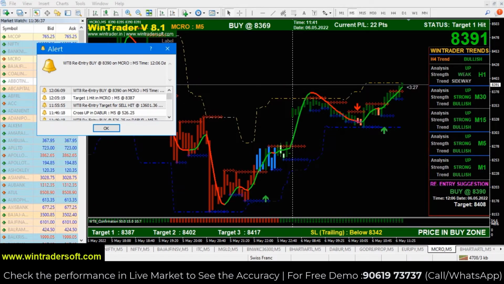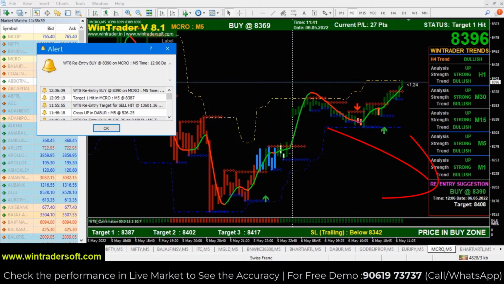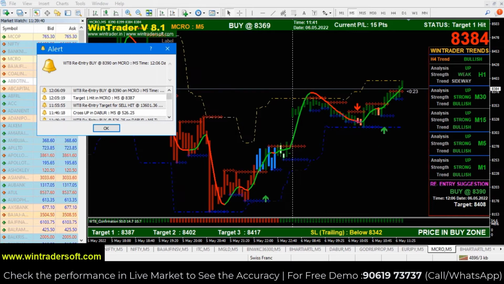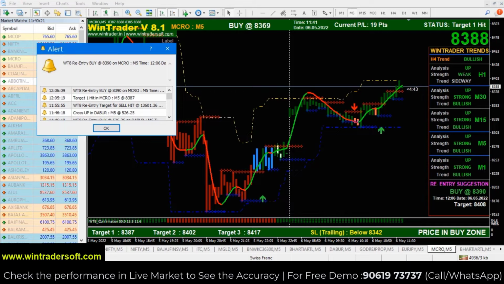And in between you can see we got a re-entry also: at 8,390 we got a buy signal, and the exit point is 8,408. As per the direct entry, we already got the first target. We got 18 points, which means 1,800 rupees profit.